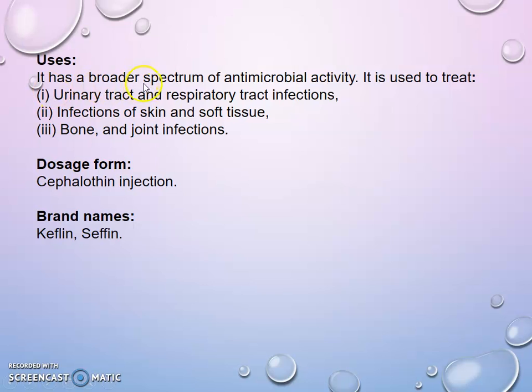Uses. It has a broader spectrum of antimicrobial activity, hence it is used to treat urinary tract and respiratory tract infection, infections of skin and soft tissue, bone and joint infection. Dosage form: cephalothin injection, and the brand names are Ceflin and Cefin.